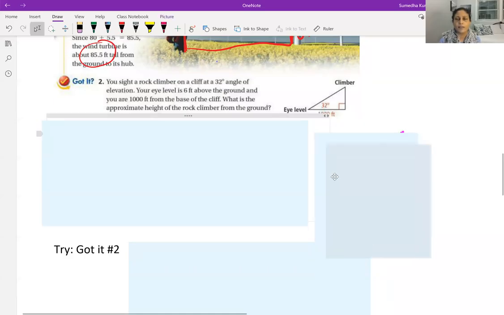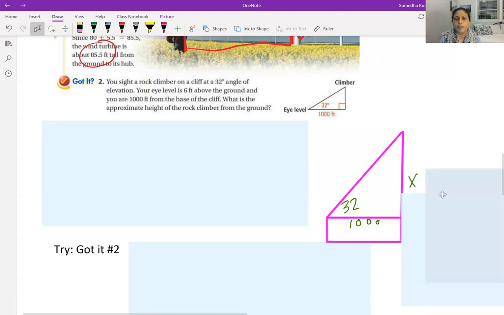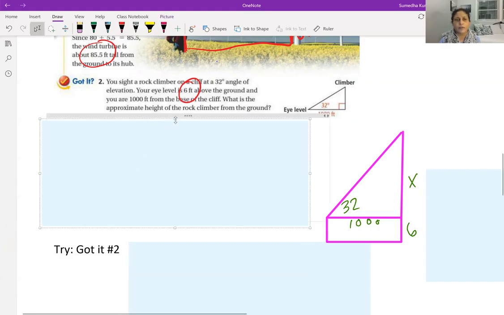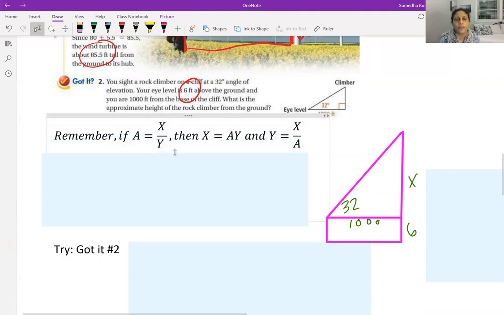All right, so let's take a look. The diagram looks like so because it tells you that your eye level is 6 feet above the ground. I also wanted to show you that if A is equal to X times Y, and you need to just remember this, then X is equal to A times Y when you multiply both sides by Y. And if you want to find Y, then Y is equal to X over A. All right, so keep that in mind.